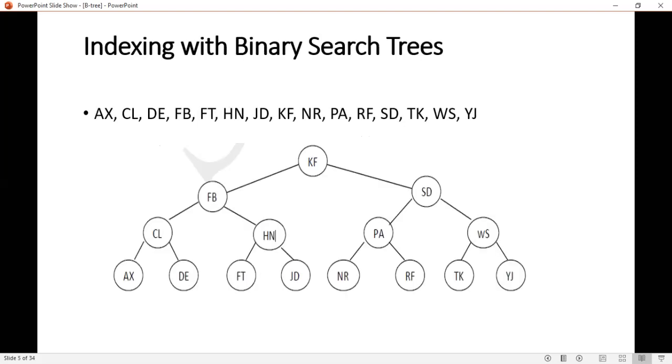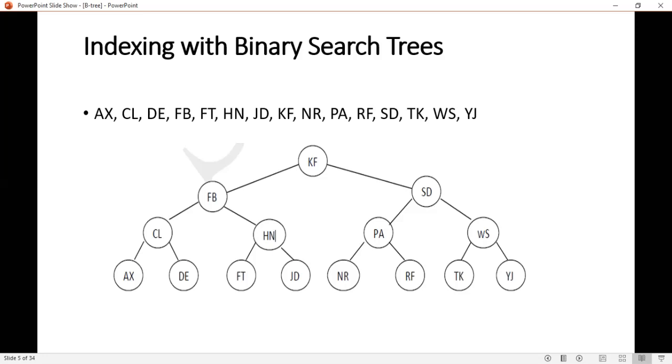First we will start with the binary search tree as a solution. Now consider the binary search tree representation of a list of keys in the diagram. There are 15 keys. In this, the key KF is the root node, and it has two children, the left child FB and the right child SD.